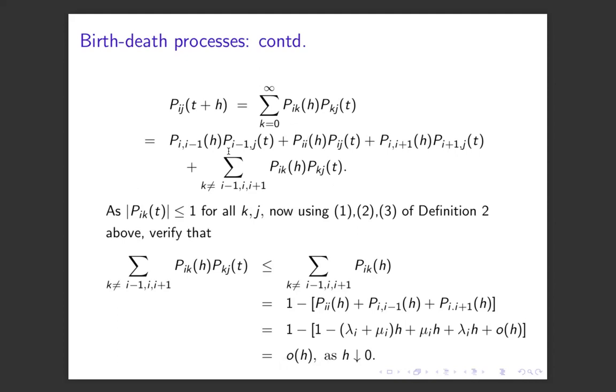So when you put k equal to i minus 1, you get p sub i to i minus 1 h, p i minus 1 to j t; k equal to i means p i i h, p i j t; and similarly k equal to i plus 1. For example, what this means is that at time h, the process has come from i to i plus 1, and from h to t plus h, it travels from i plus 1 to j in a span of time t.